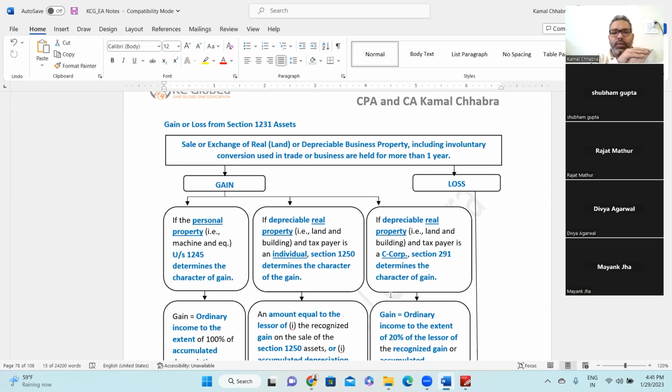So, gain or loss from a section 1231 asset. What is a section 1231 asset? Section 1231 assets are those assets which are real or depreciable business property, including any involuntary conversion, used for trade or business and held by the taxpayer for more than a year.